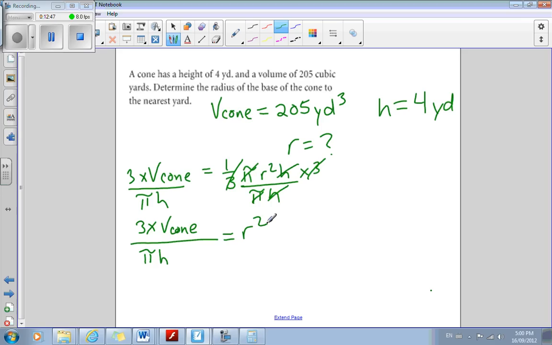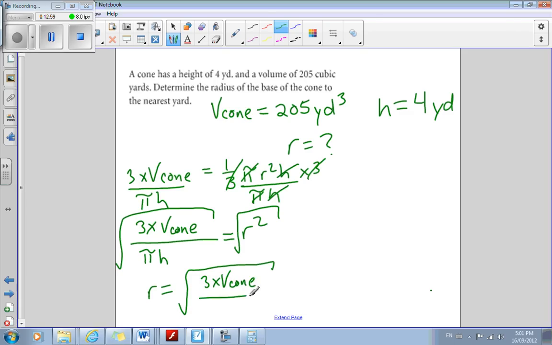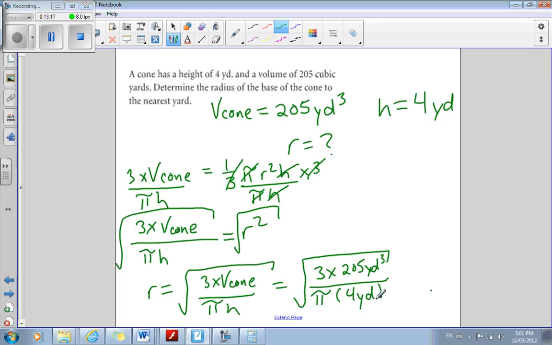Now how do we get rid of the square? The square root. So r equals the square root of 3 times the volume of the cone divided by pi h. So let's fill everything into there. 3 times the volume of the cone, which is 205 yards cubed, divided by pi times 4 yards, filling in 4 yards for h.